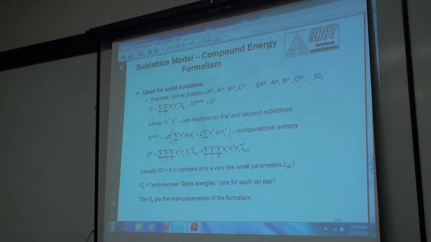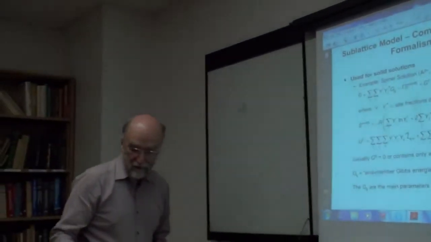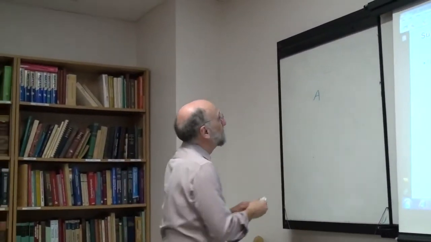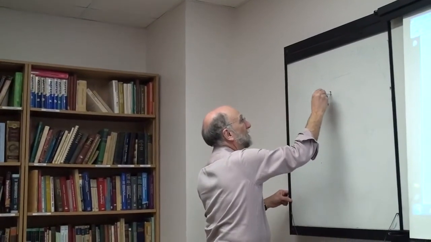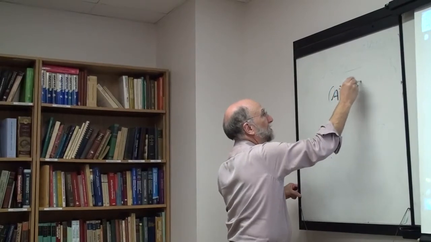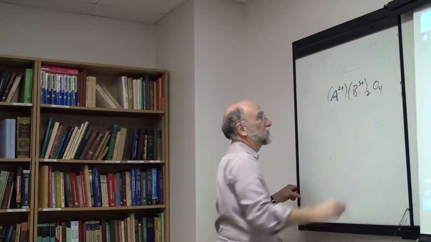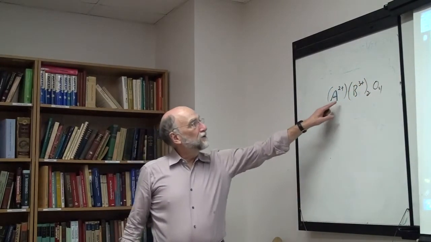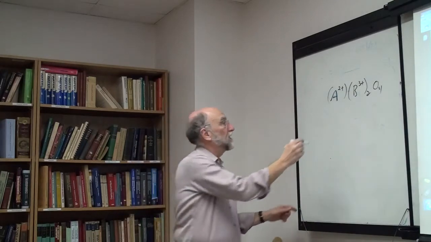Now, if all the A2 pluses on one side and the B3 pluses on the other, A2 plus, B3 plus 2O4, that's called a normal spinel, with the 2 pluses here and the 3 pluses on this side.